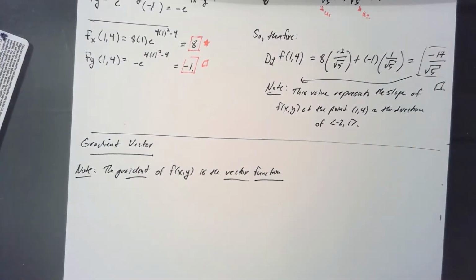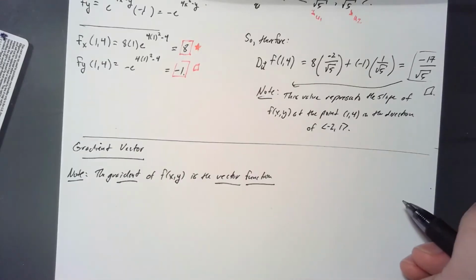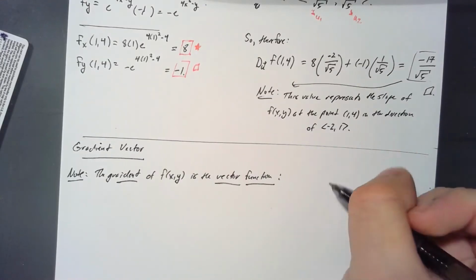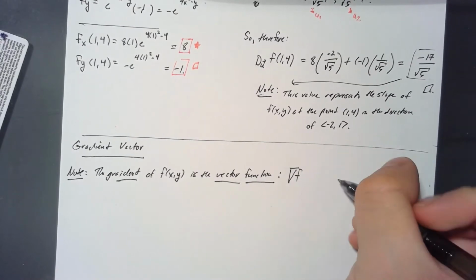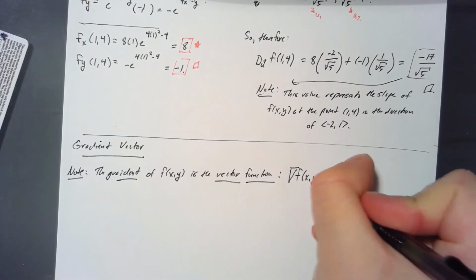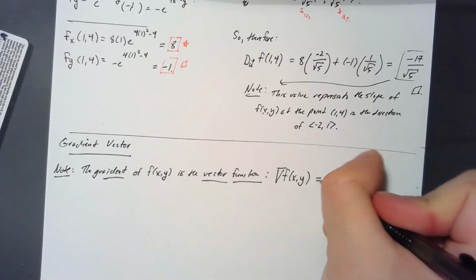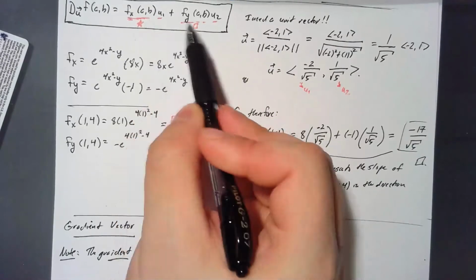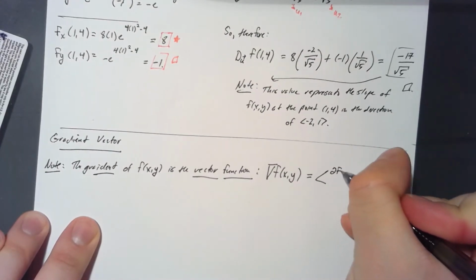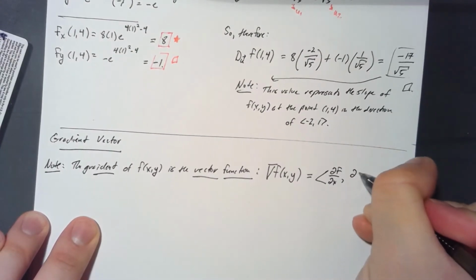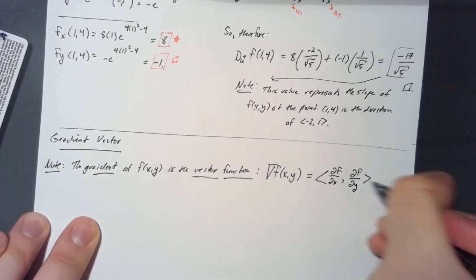So the gradient of f of xy is denoted as the following. It looks like an inverted triangle of f at xy, and that equals, so instead of writing it out in component notation, it's just the partial of f with respect to x, comma, the partial of f with respect to y.